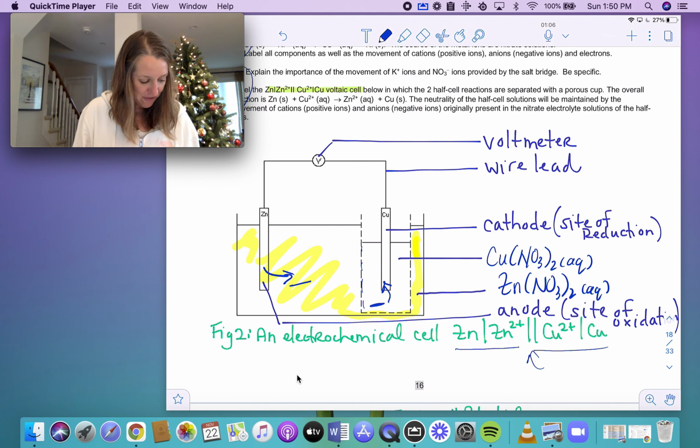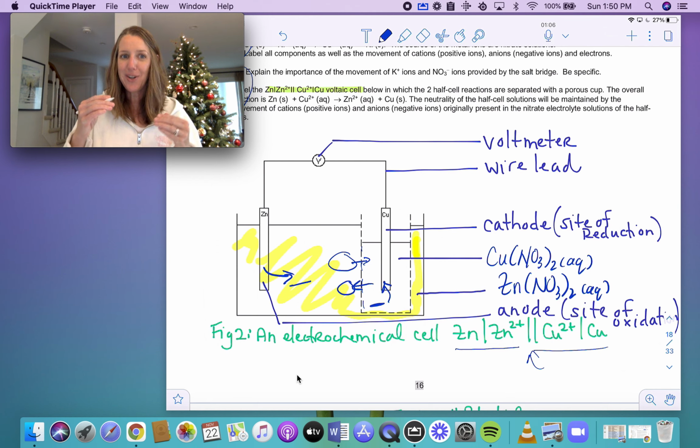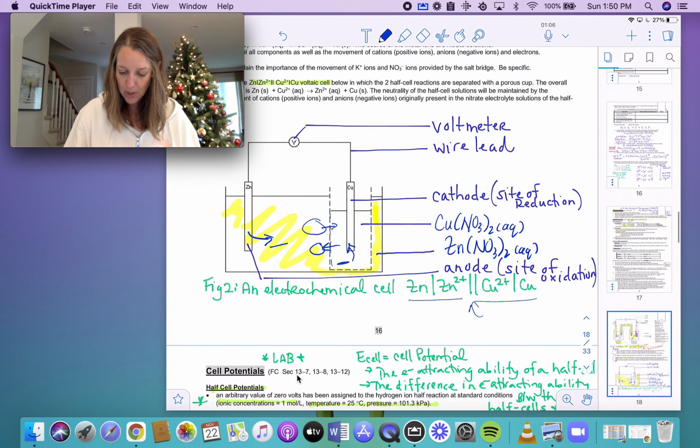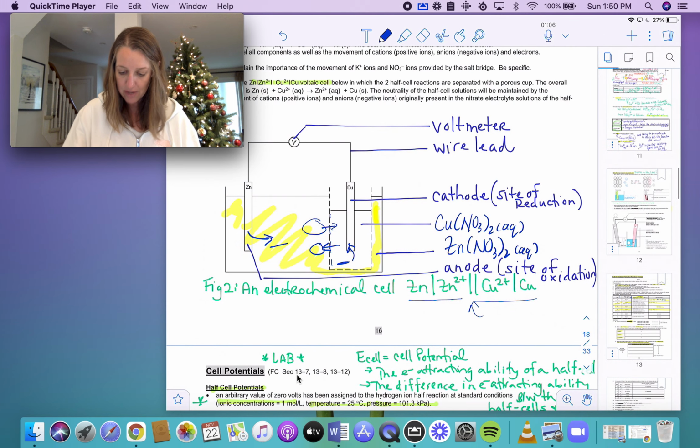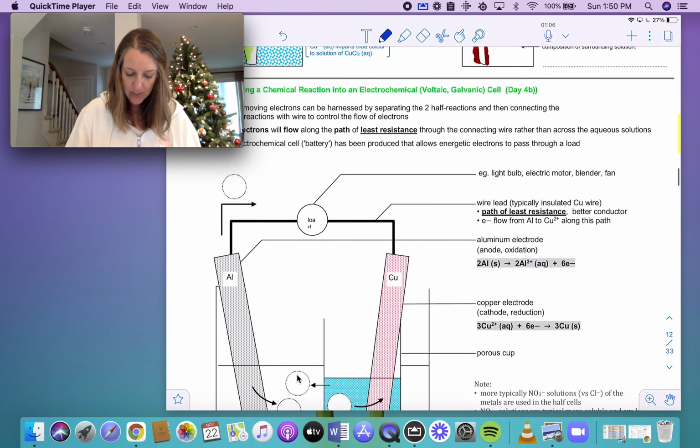And then you're going to have a flow of ions. Something is going this way and something is going this way in order to balance out those charges.